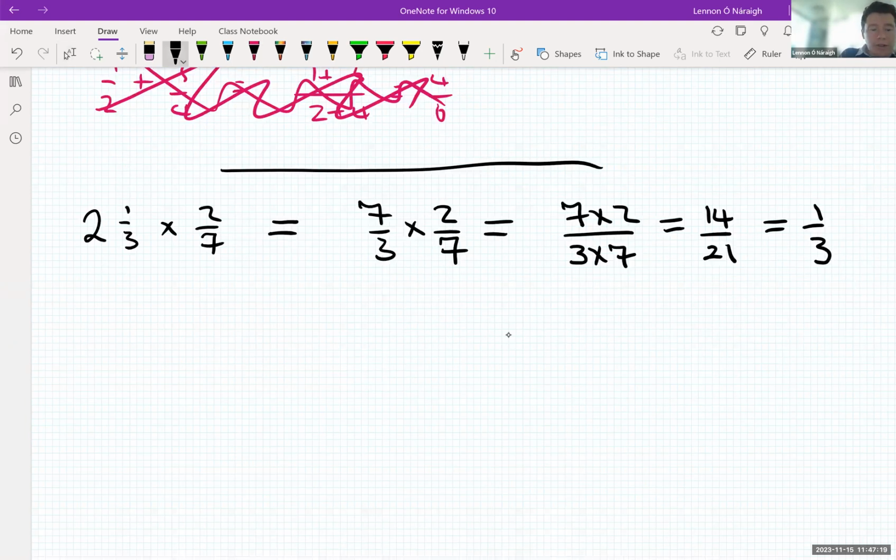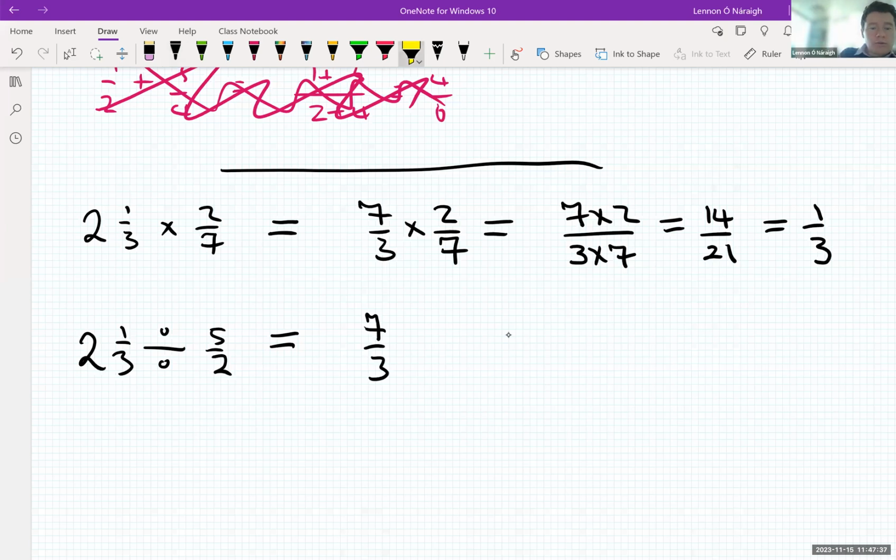Let's suppose we want to divide two fractions. So let's suppose I have 2 1/3 and I want to divide it by 5/2. Well, the first step, as before, is to write all the fractions in the simplest possible way. So the 2 1/3 again becomes 7/3.